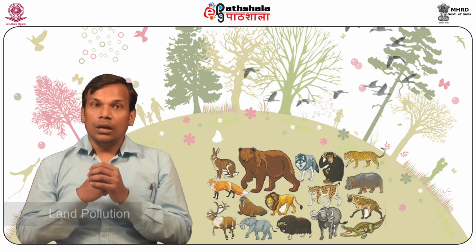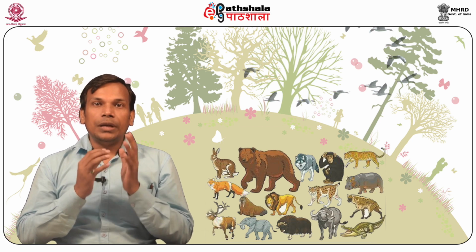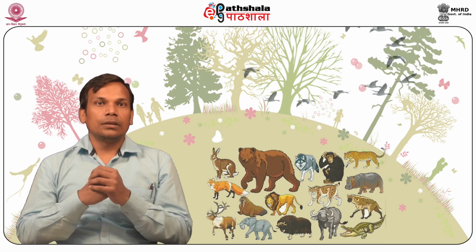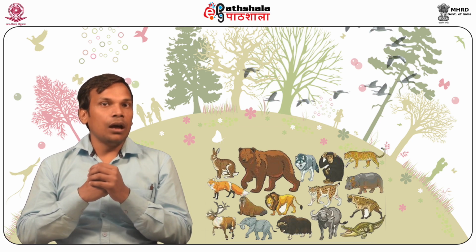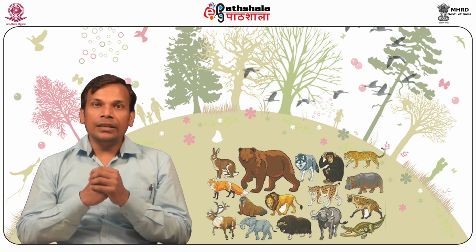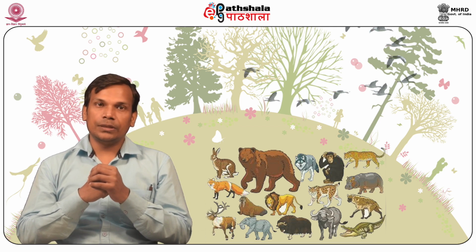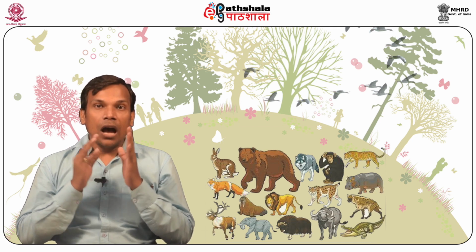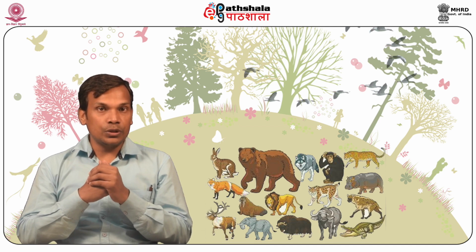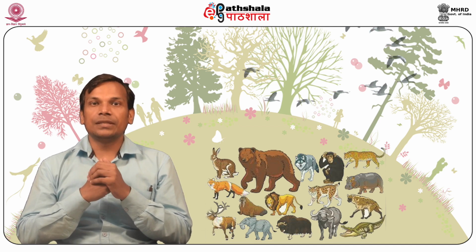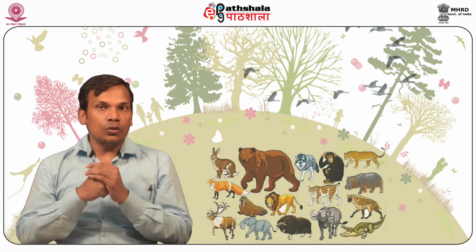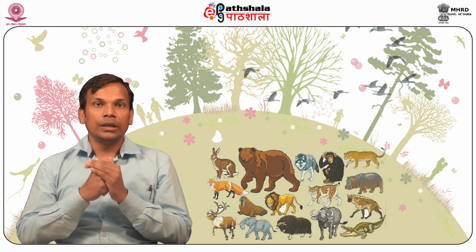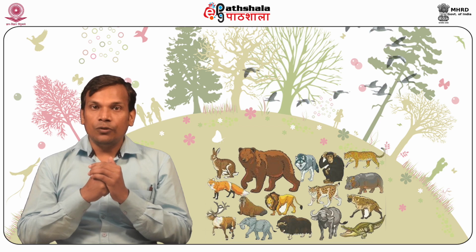Land pollution occurs due to dumping of solid wastes that is generated in the household and various manufacturing units. Noise pollution occurs due to excessively high level of sounds produced through various means. The main source of noise pollution is human activities.